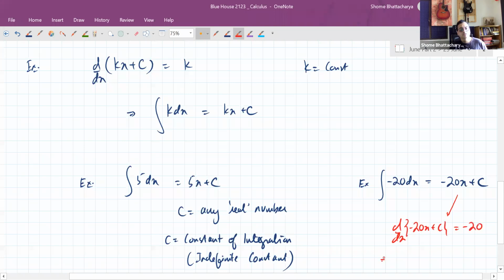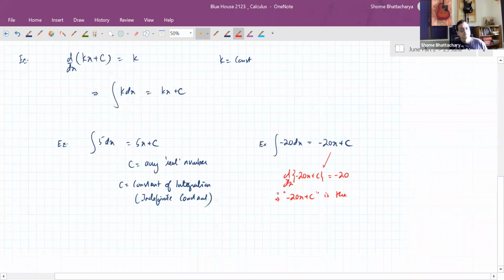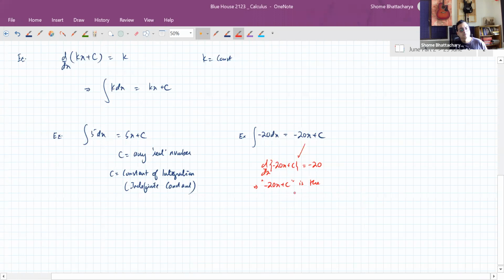So that is clearly showing us that minus 20x plus c is the antiderivative of minus 20.